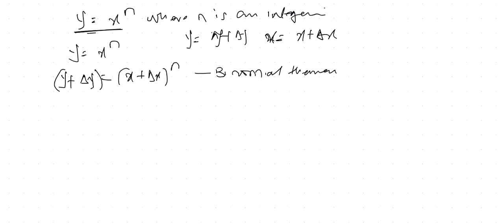We have two entities here, x and change in x. What will happen is that the power of x will decrease and the power of change in x will increase. x will first take the power of n, whatever n might be, 2, 4, or 5.